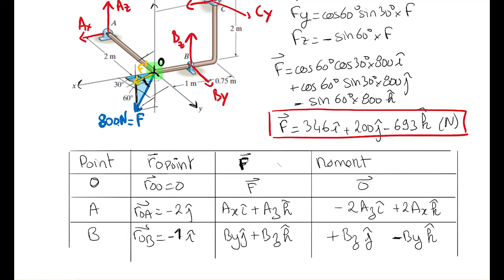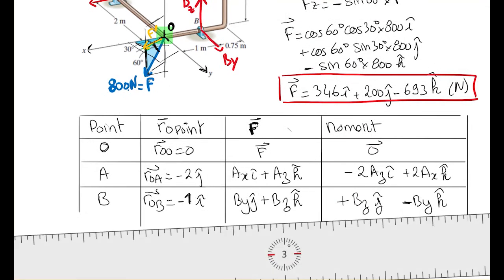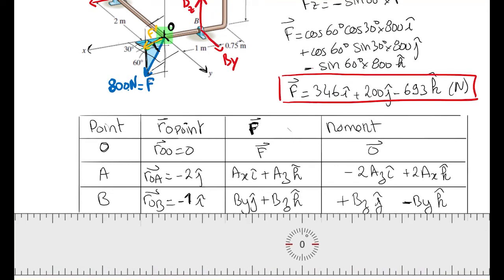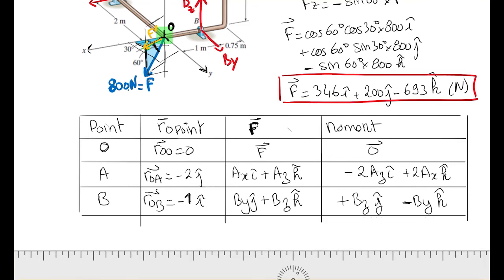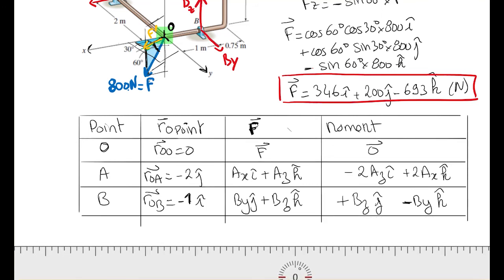And the last point, C. Okay, it would be something like this. Yeah, it's better when it's with a ruler, but that's fine.